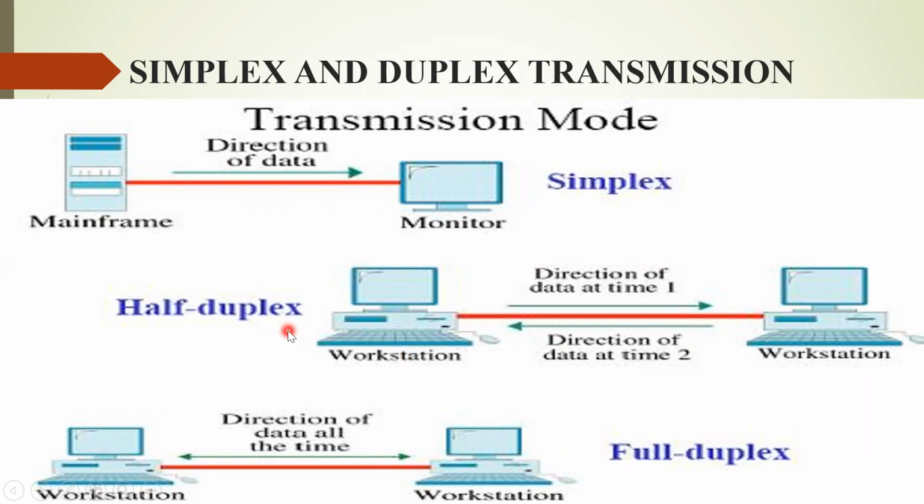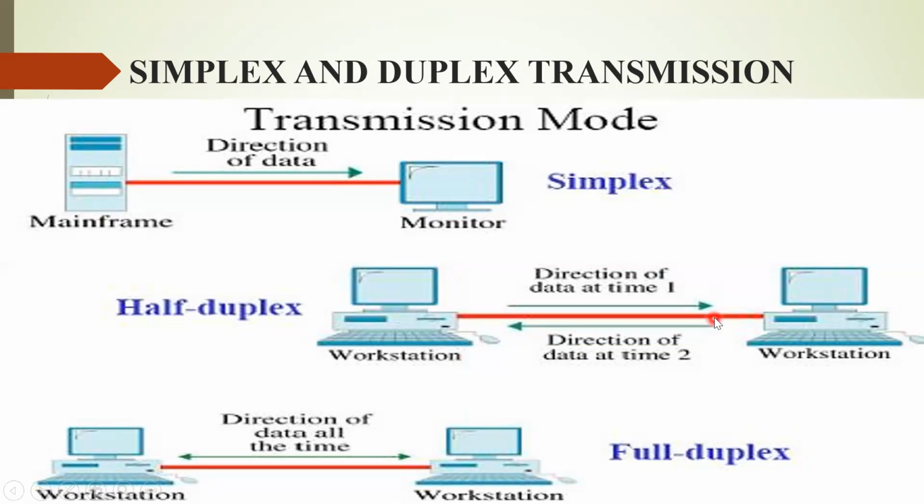Now, what is half duplex? Duplex is again classified as half and full duplex. Half duplex is where the transmission of data goes one way at a time. You have one channel and the task takes place one at a time. That is, the data is transferred from one workstation to the other at one time, and from the other workstation back at another time.